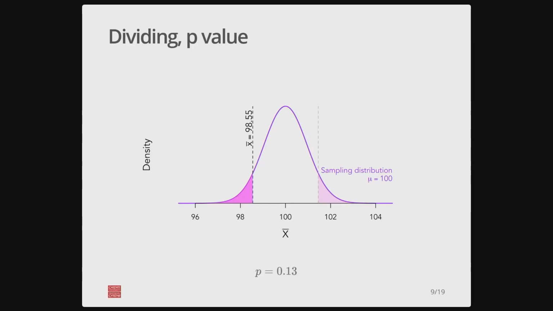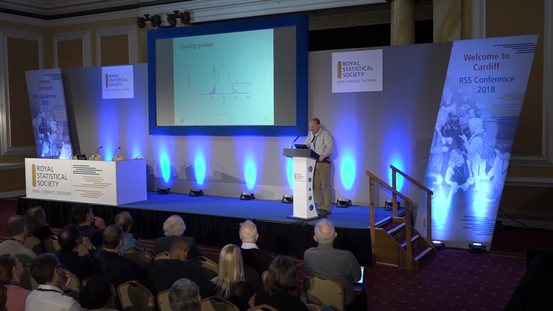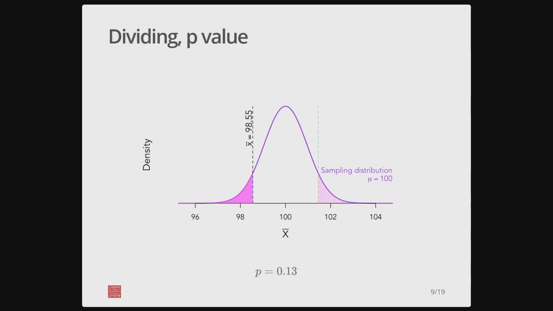We sample some data and get x bar equals 9.855, with 250 participants and a standard deviation of 15. It doesn't matter. All that matters is how the p-value is computed here, and you can see that I look at the proportion of the sampling distribution less than my observed x bar, and it's about 0.65 or so.